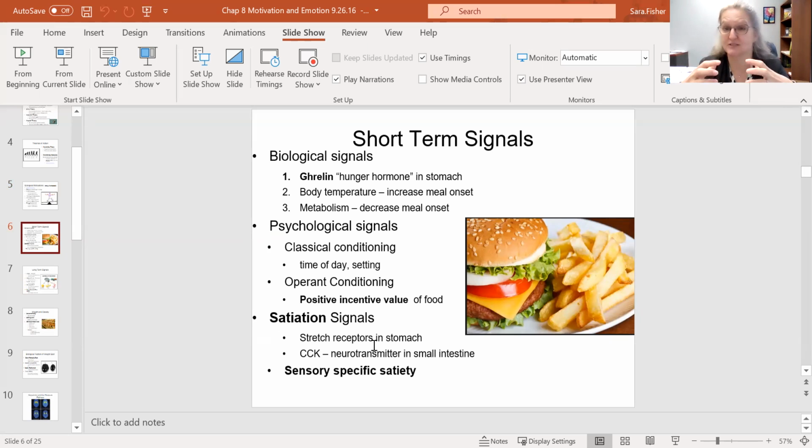That is your stretch receptors in your stomach, sensitive to expanding and contracting, because your stomach is effectively a muscle. And then your small intestine actually has a hormone, or neurotransmitter. I don't remember the whole word for it, but it's implicated in the small intestine and also says, hey, stop.